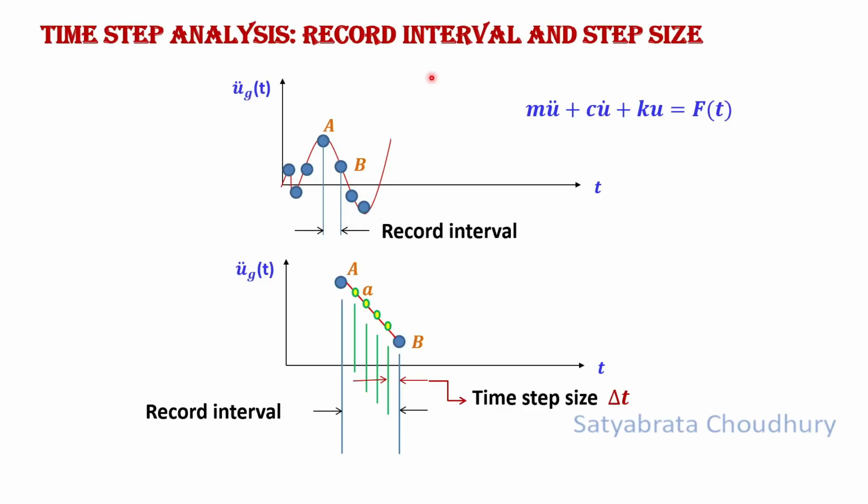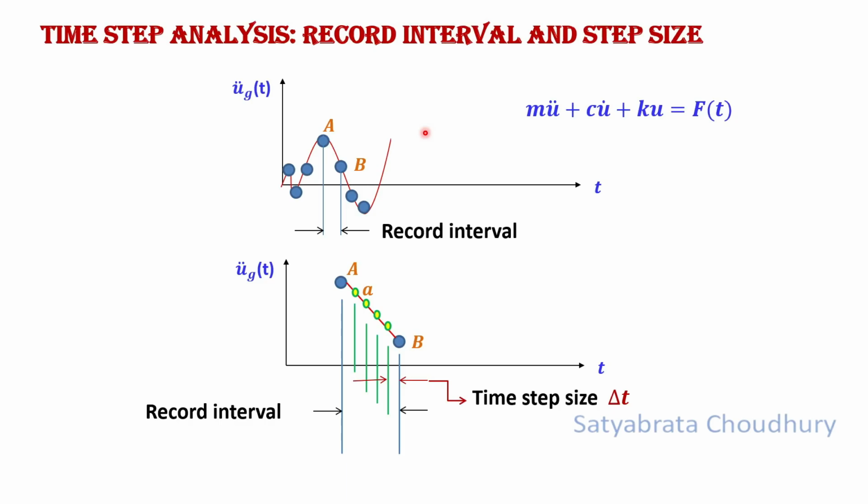The time history analysis is also known as time step analysis, because the solution progresses step by step. With a small time interval, we take the steps, and at every instant of time we solve this whole system, and it gradually progresses. So it is a time taking process, and a lot of computation is involved.